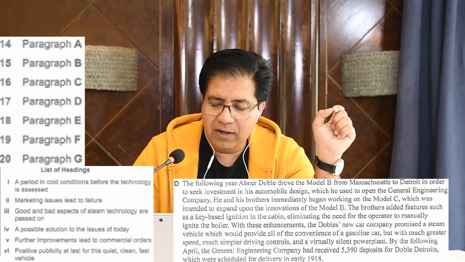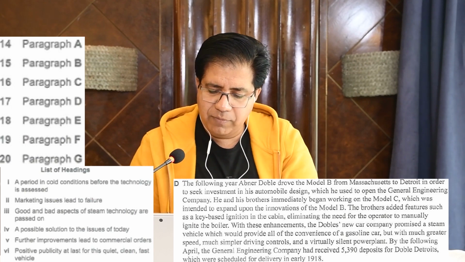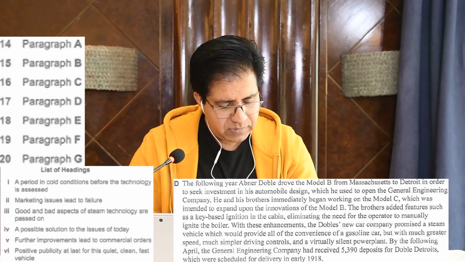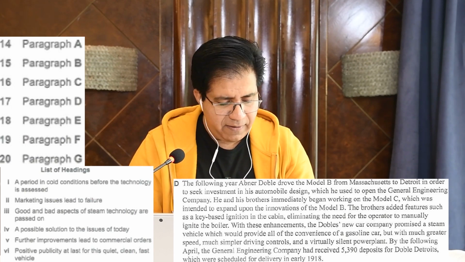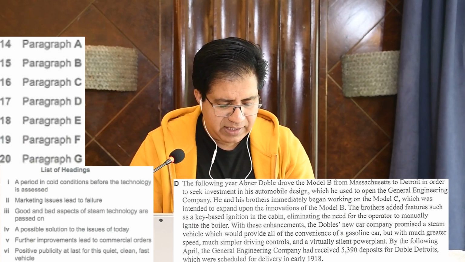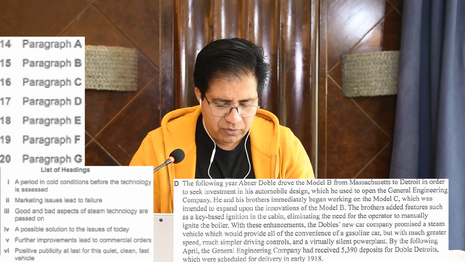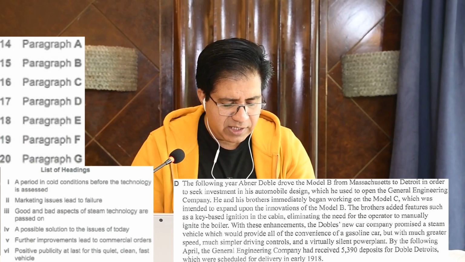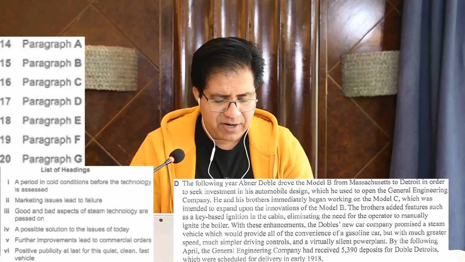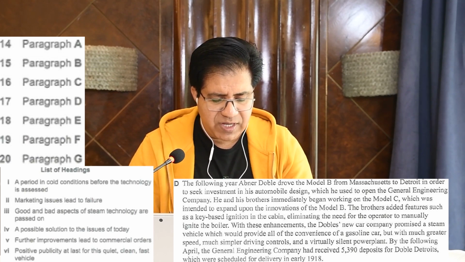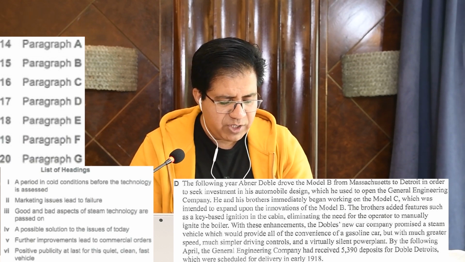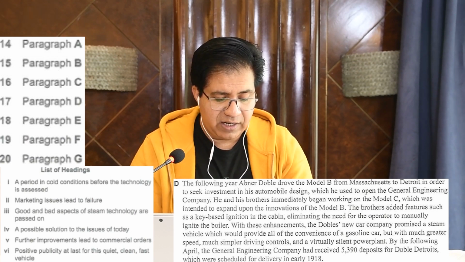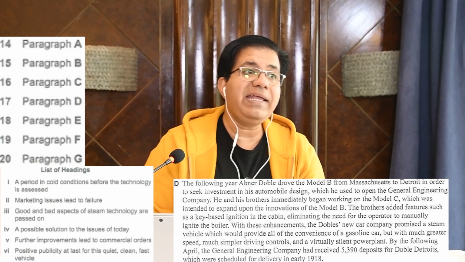No, let's just go back and see. Let's just read on there. Driving controls. By the following April, the General Engineering Company had received 5,390 deposits for Doble Detroits, which were scheduled for delivery in early 1918. Heading number 5.